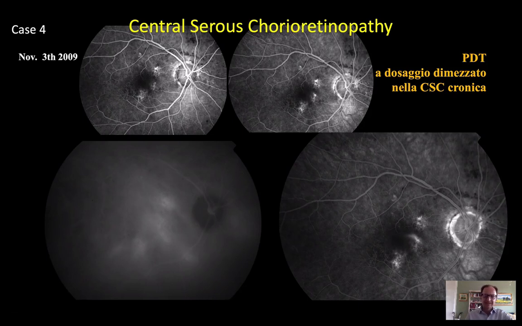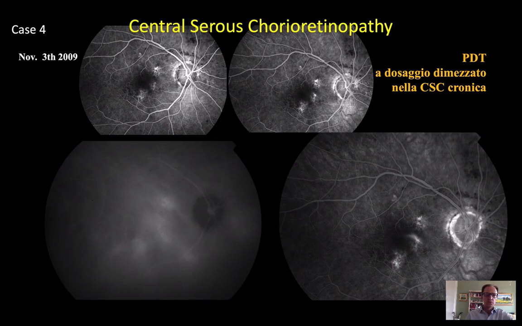So this is a case of chronic central serous chorioretinopathy, as well as case number 3. And as you can see, chronic central serous chorioretinopathy now should be treated with photodynamic therapy.